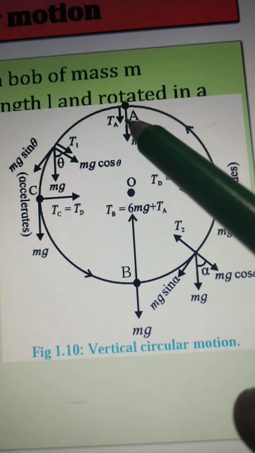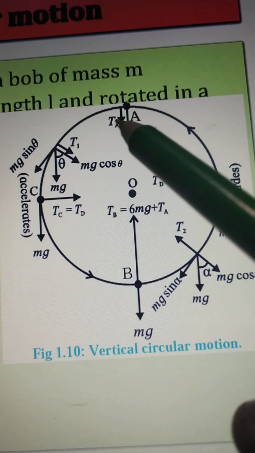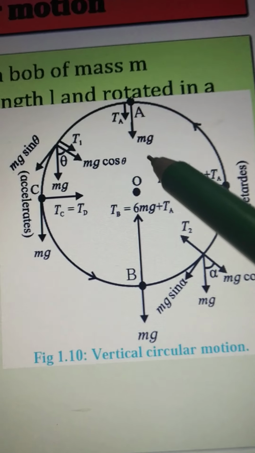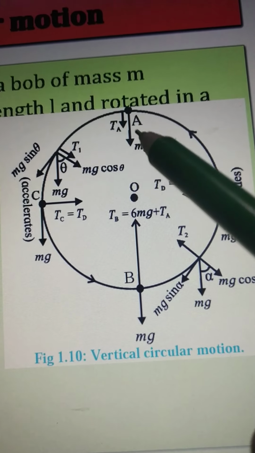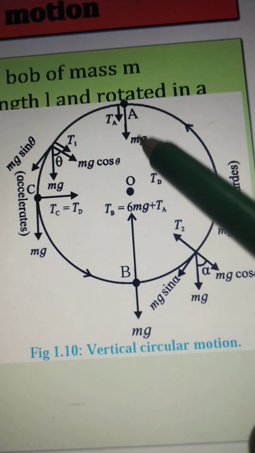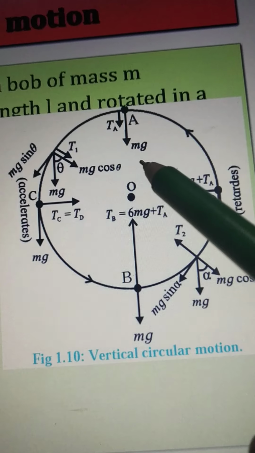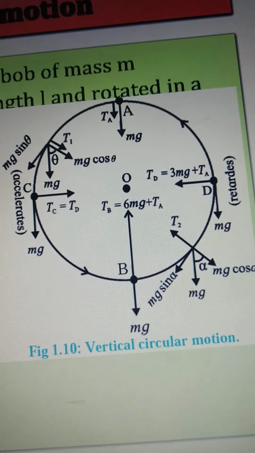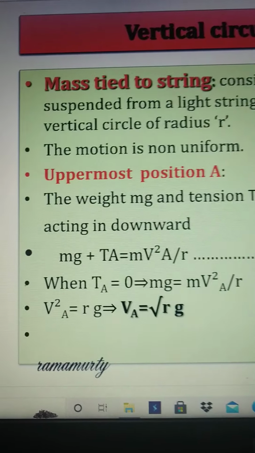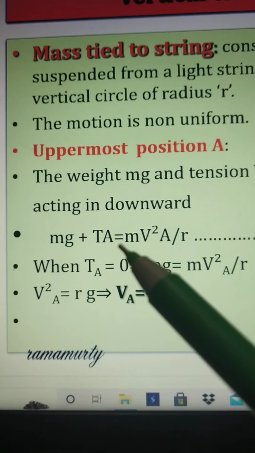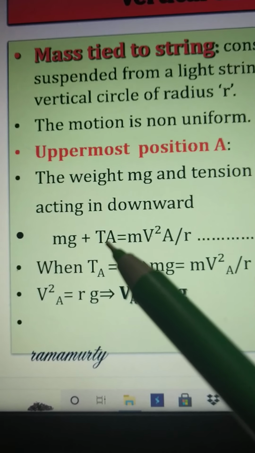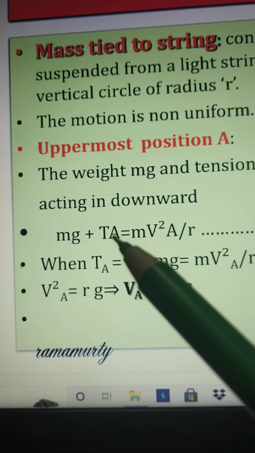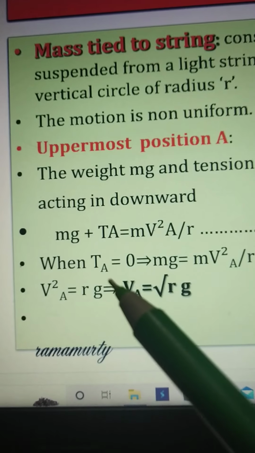At this position the tension is denoted TA, and the weight of the mass is mg, and both act in the downward direction. So we get an equation. Here the subscript A is small, because T means tension and A is the position of the mass.